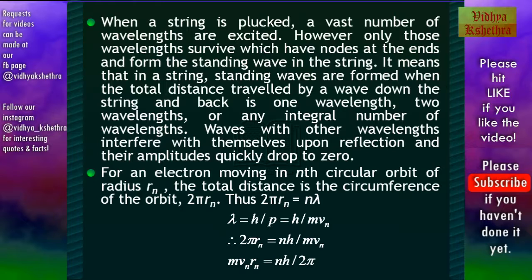Therefore, we can write 2 pi r_n is equal to n h by m v_n, or m v_n r_n is equal to n h by 2 pi, which is Bohr's second postulate.